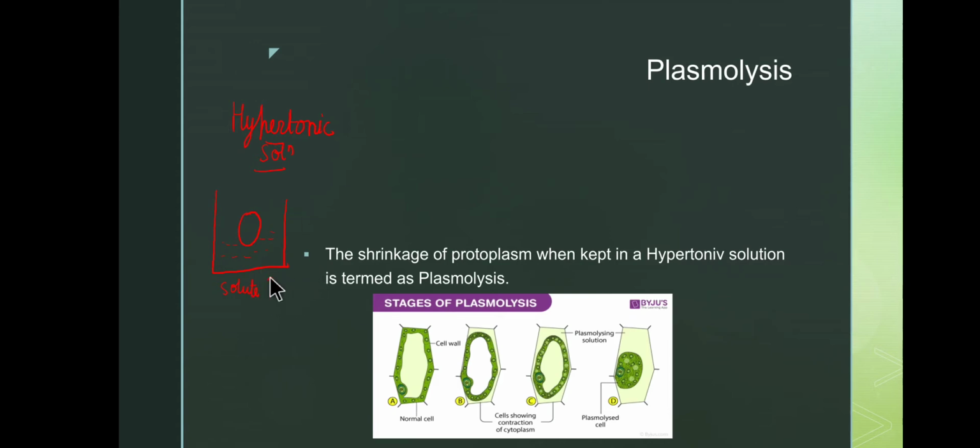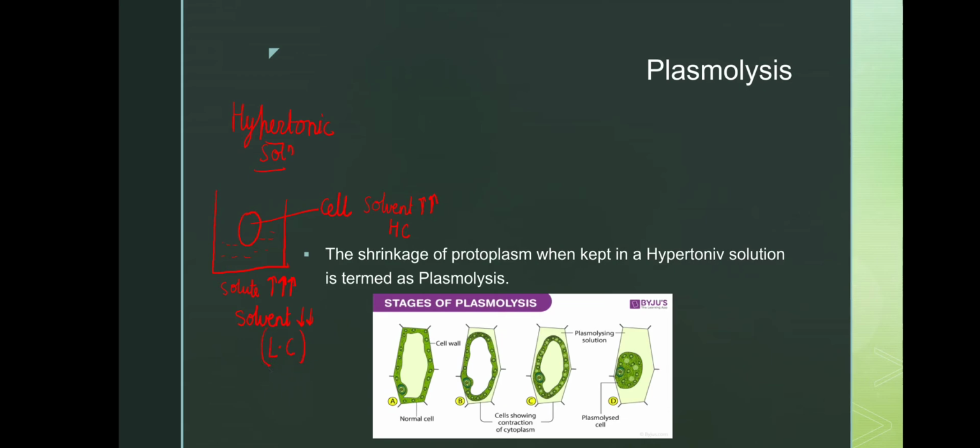So solute is more and solvent is less in comparison to what is present inside the cell. Now in the cell, the solvent is more. That means the solvent is at higher concentration. Outside, the solvent is at lower concentration.